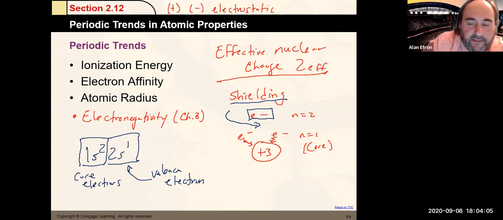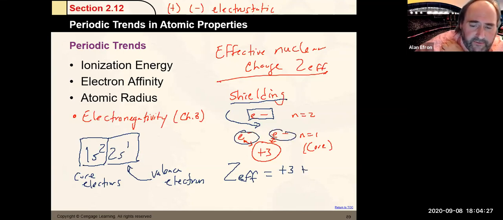These electrons in the front row feel the full brunt of that positive 3 charge, but this last electron is screened from that charge by these 2 electrons. You could calculate the Z effective, which is the effective nuclear charge of that electron, by taking the positive charge and adding it to how many electrons are screening it, which are 2.